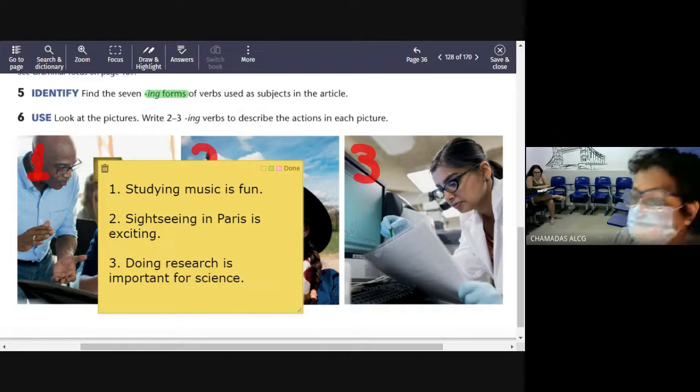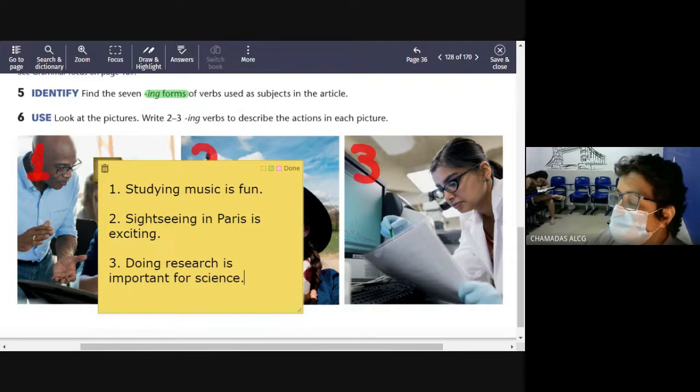There we go. Doing research is important for science. Okay, guys, so we have here 3 examples of a gerund as a subject, okay? So we have here actually 3 gerunds: studying, sightseeing, and doing research. Okay.